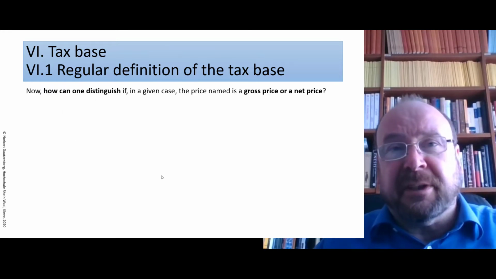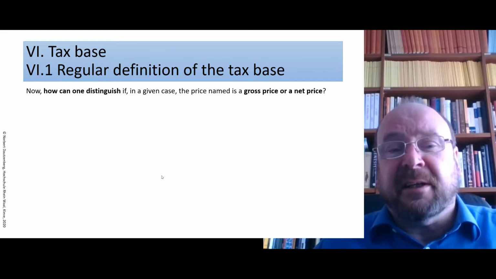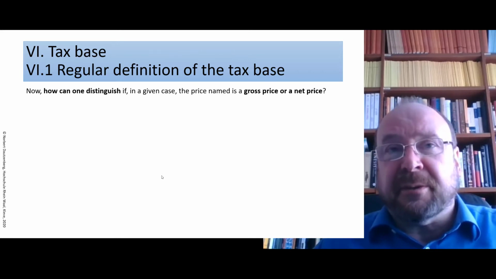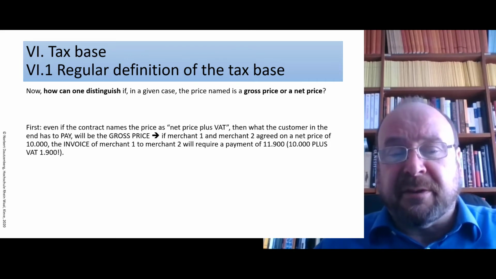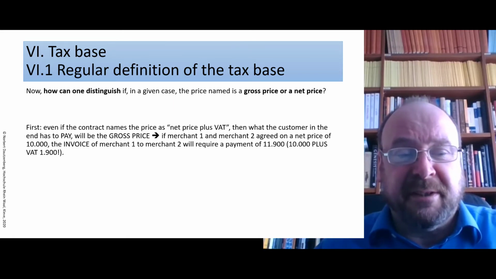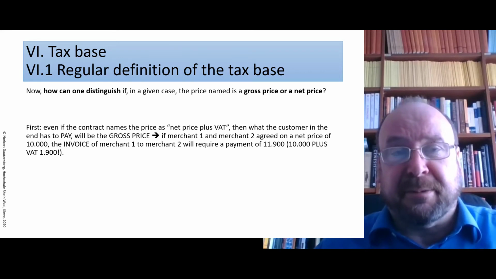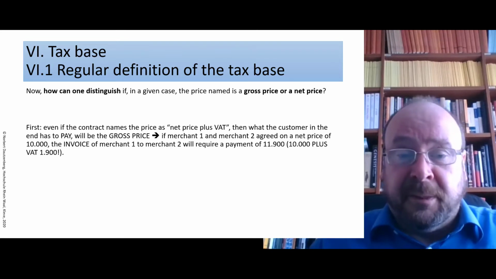Now the problem naturally is, if you read something in a case description or something like that, how can you find out if something is a gross price or a net price? And there are some clear things. If the contract names the price as net price plus VAT, then what the customer in the end really has to pay will nevertheless be the gross price, because you have to charge net price plus VAT in the invoice.